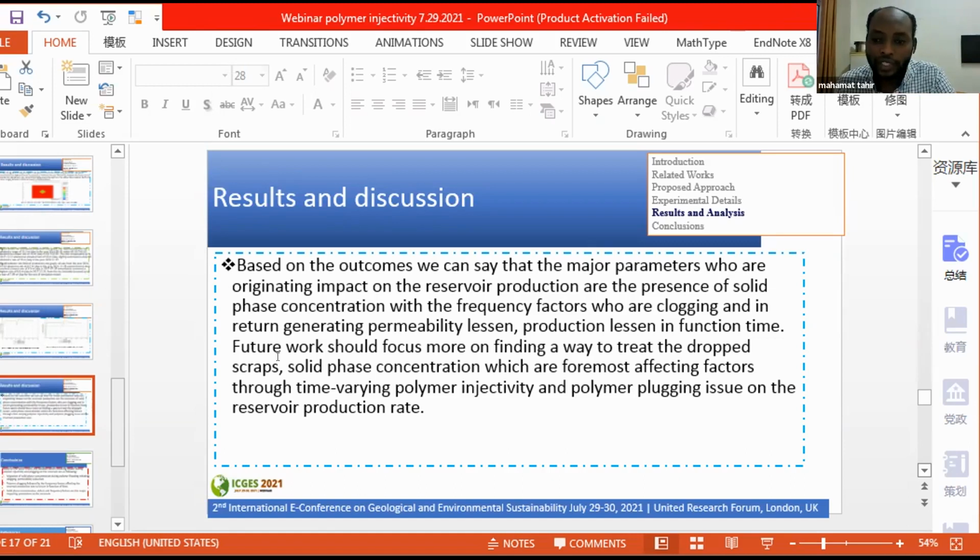And the solid phase concentration is the major factor affecting the liquid rate, oil rate, and permeability decrease during the polymer plugging, as well as during the injectivity, an issue for the reservoir production rate.